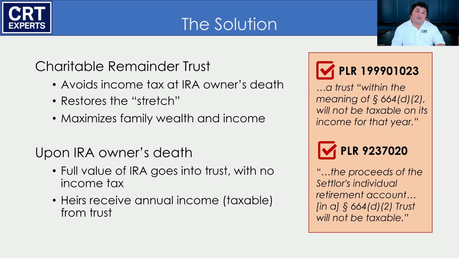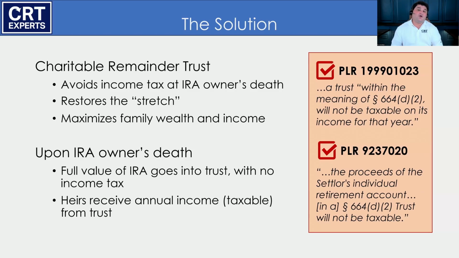That property is typically a capital asset: appreciated real estate, closely held stock, publicly traded stock. So when the trust sells the asset, it's filling up that capital gain tier. This is different with an IRA. If we've got a $1 million IRA dropping into a CRT, there's no income tax owed, but that $1 million is allocated to the ordinary income tier.